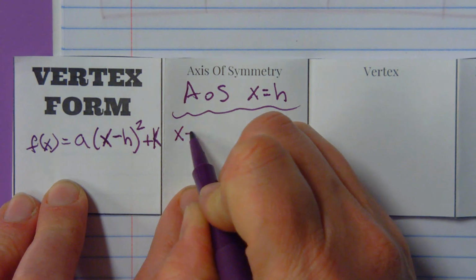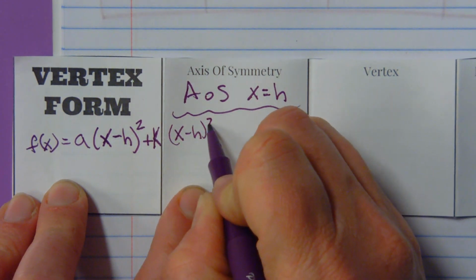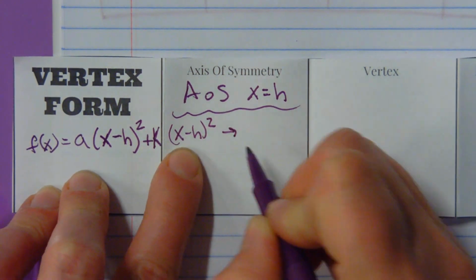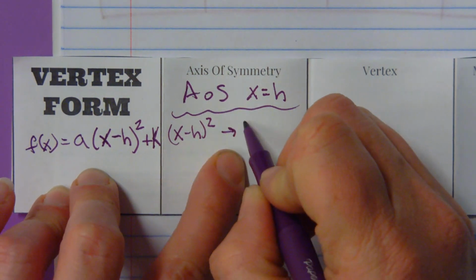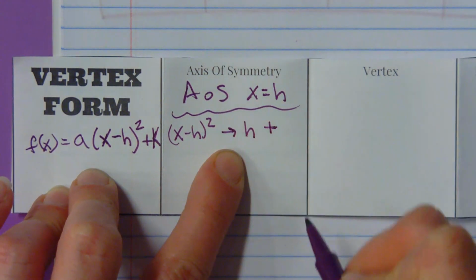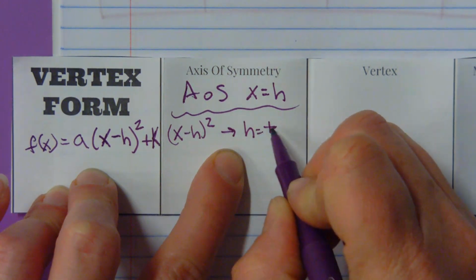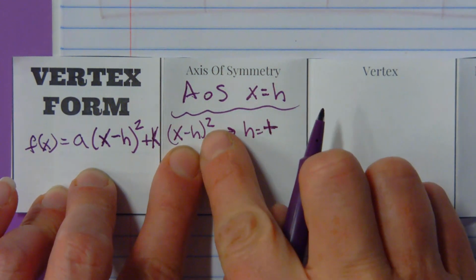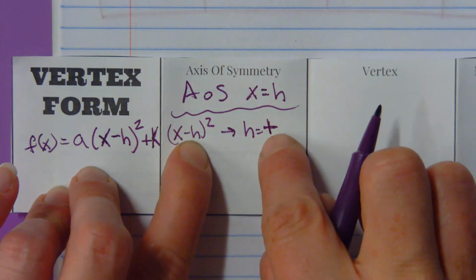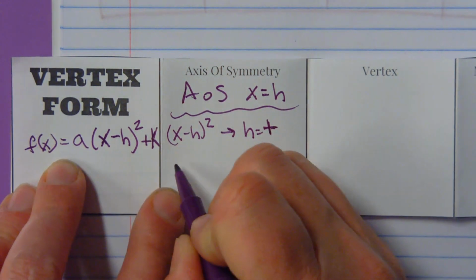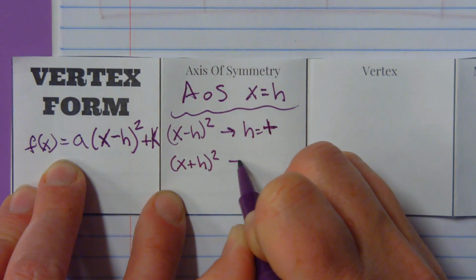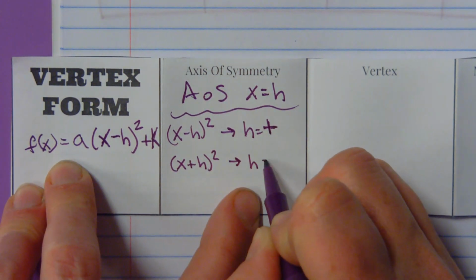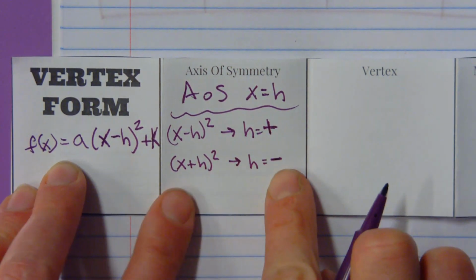If it's x minus h squared, this value of h is positive. If you have x plus h squared, then h is a negative value.